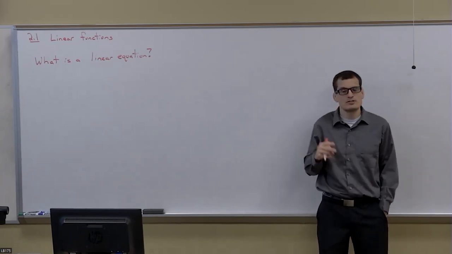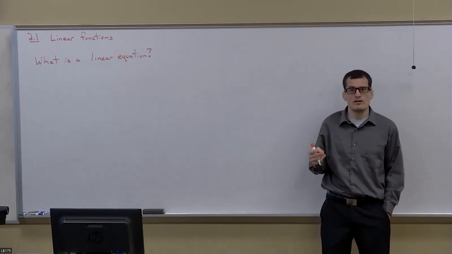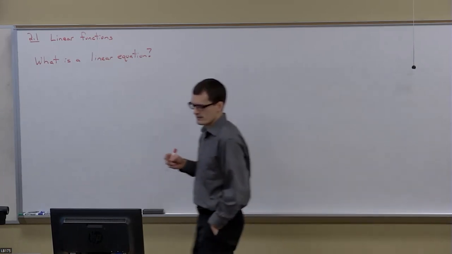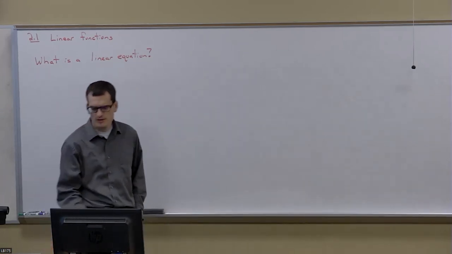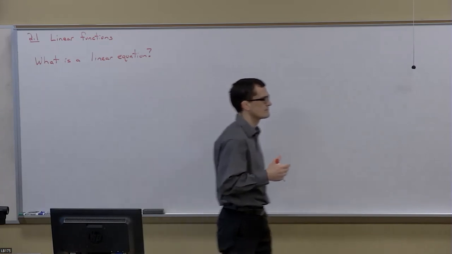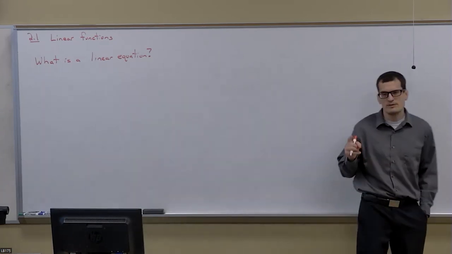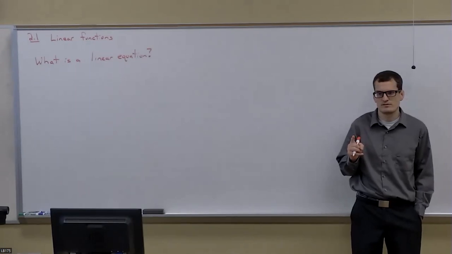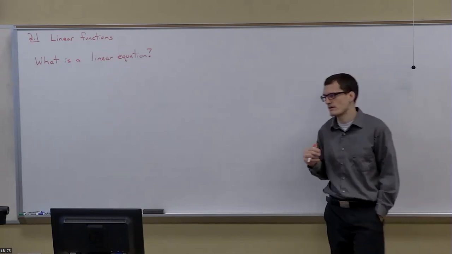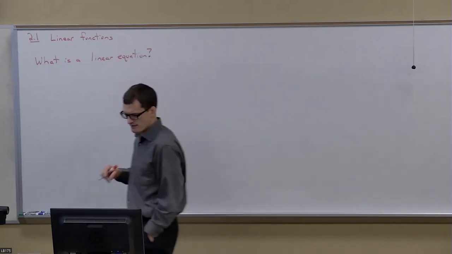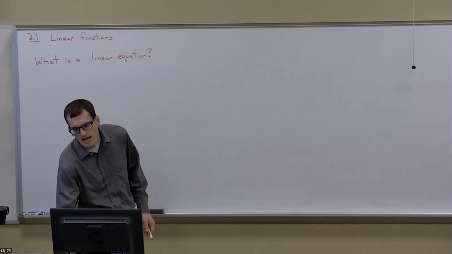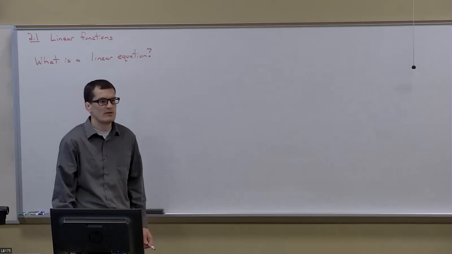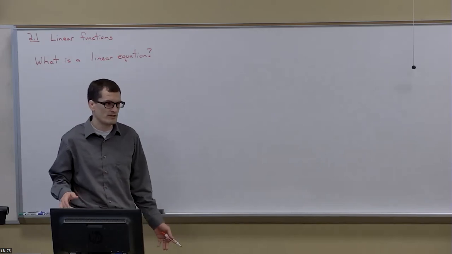A linear equation in two variables is one where each variable can only be raised to the first power. So we can only have first powers, can't have something squared or anything like that. And then they're not multiplied by each other, and we're not dividing by any variables either.